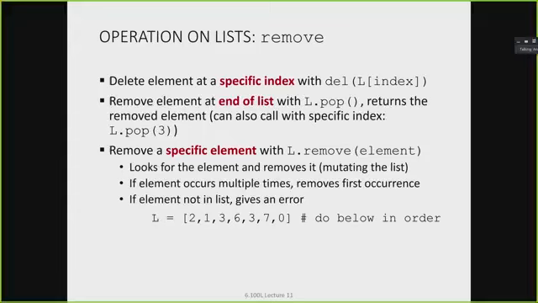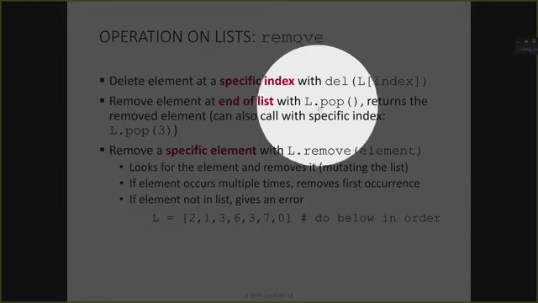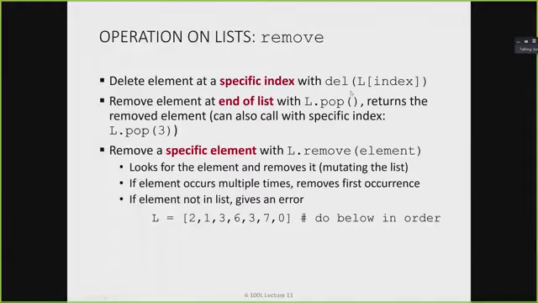Now, sometimes you want to remove the item all the way at the end of the list, the farthest right. In that case, there's an operation called pop, and you call pop on list L. So if you just say L.pop with nothing in the parentheses, Python will automatically grab that last value from the list and drop it from the list.